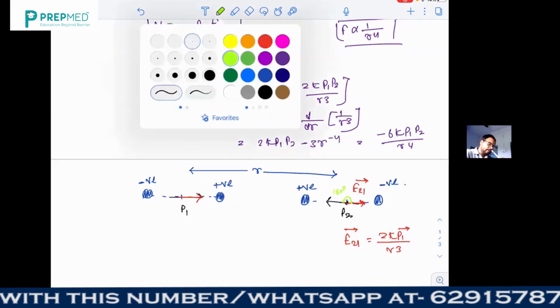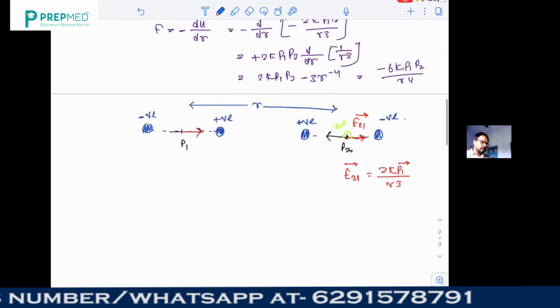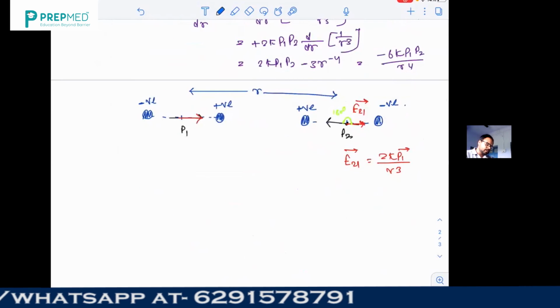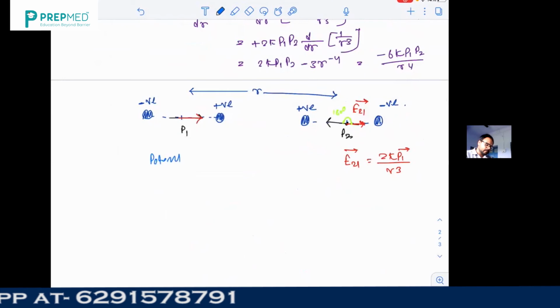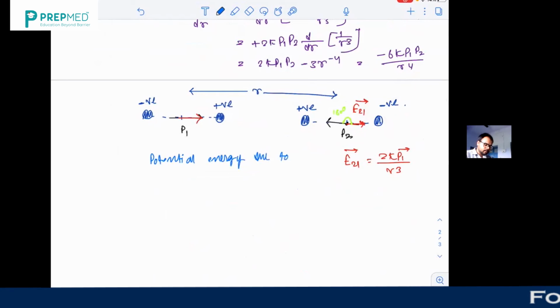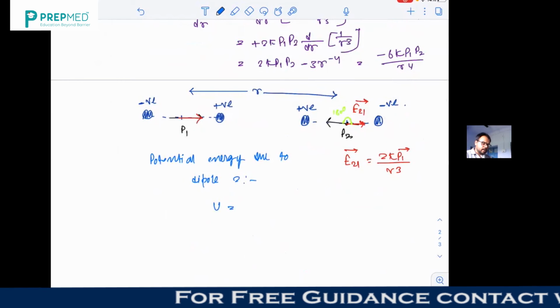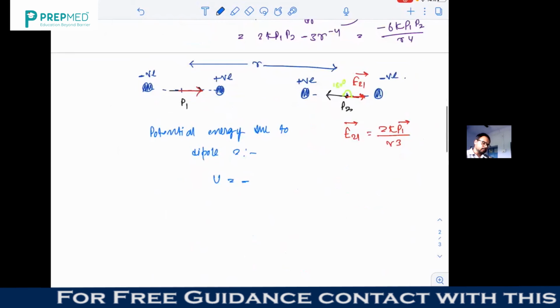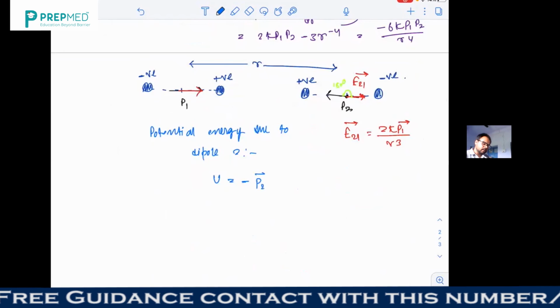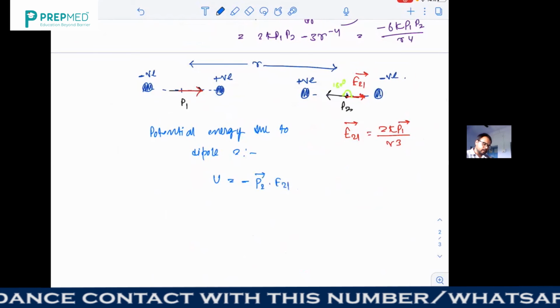So finally, whenever we calculate the potential energy due to the dipole 2, that is U, you know the value is minus P2 vector dot E21 vector.